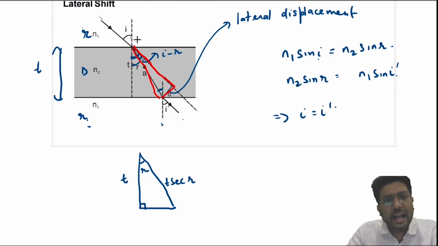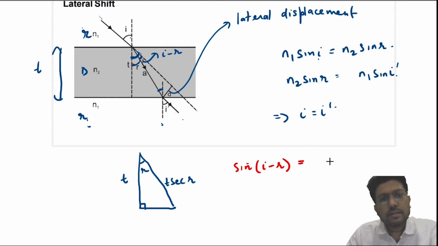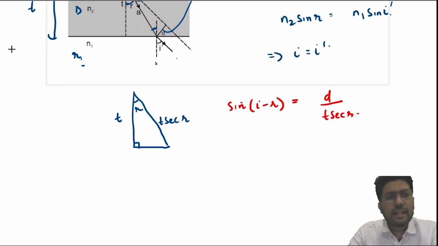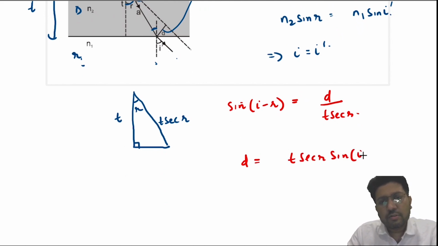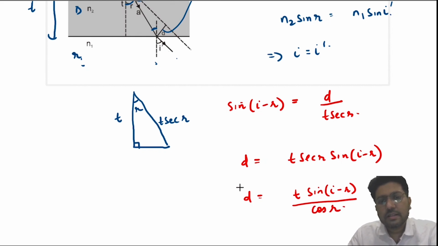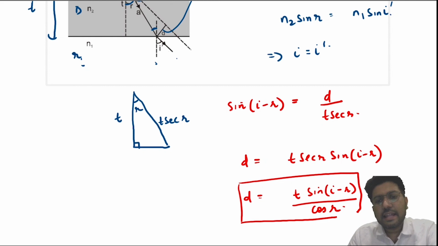Perpendicular is D, hypotenuse is T sec R. So sine of I minus R is equal to D divided by T sec R. So we have got the value of lateral displacement: D is equal to T sec R sine of I minus R. You can also remember this as D is equal to T sine of I minus R divided by cos R, because sec R can be written as 1 by cos R. So this is the value of lateral displacement.